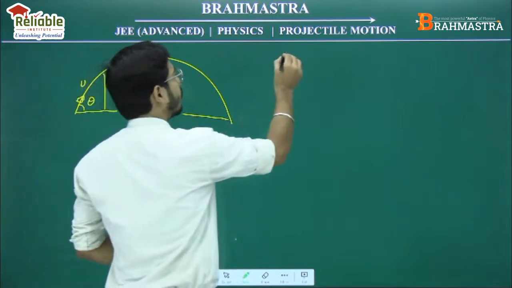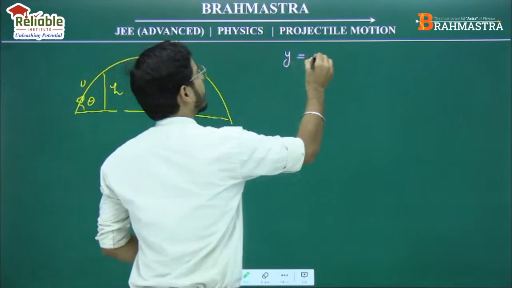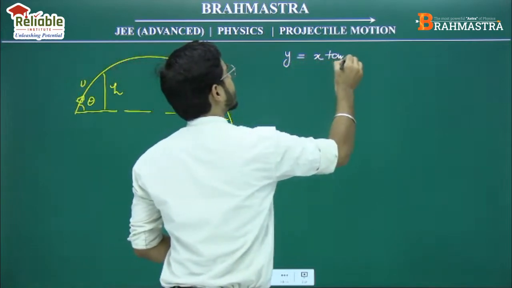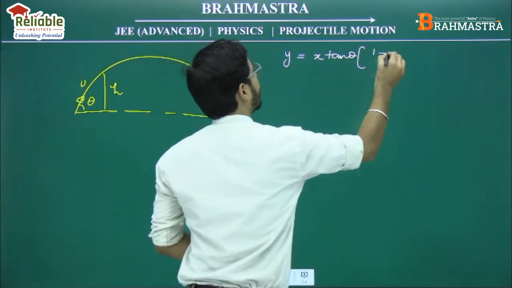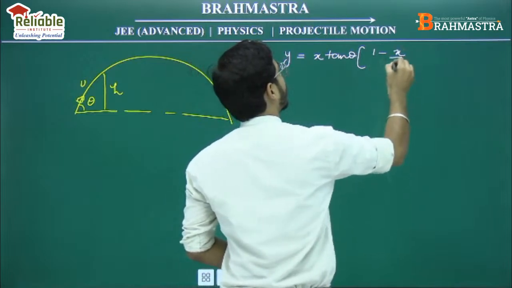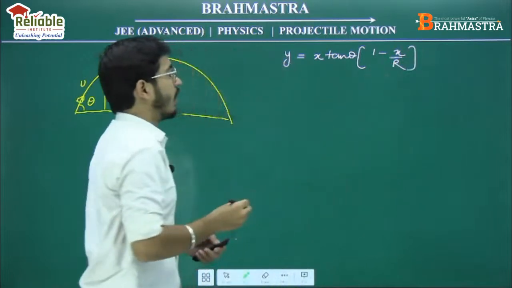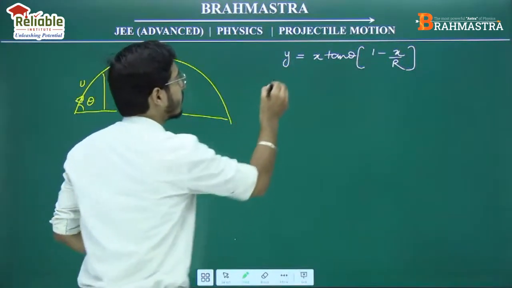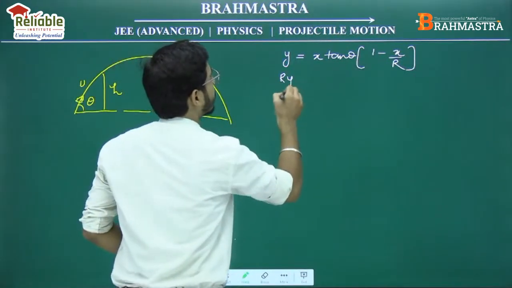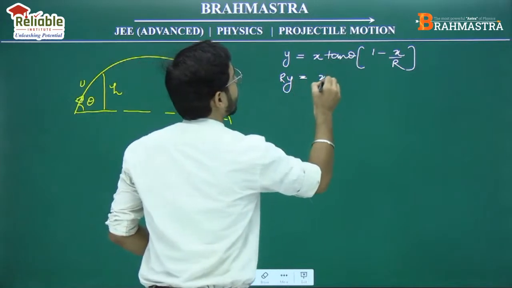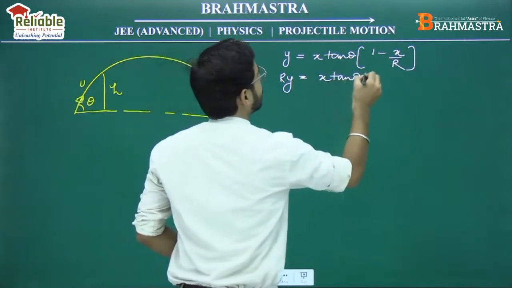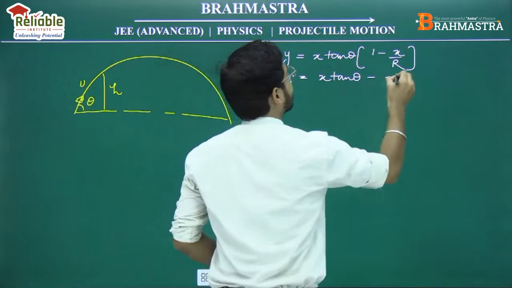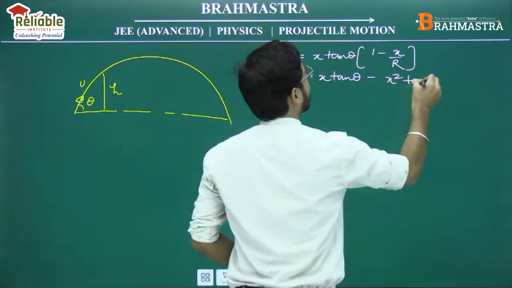Now all of you know that the equation of trajectory is y equals x tan theta into (1 minus x over r). If I rearrange this equation, let us see what we are going to get. So this is ry and this is x tan theta, and multiplying it becomes x square tan theta.